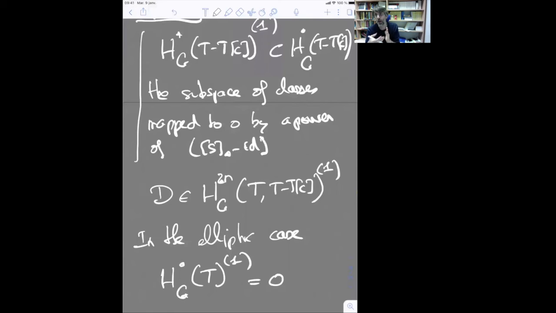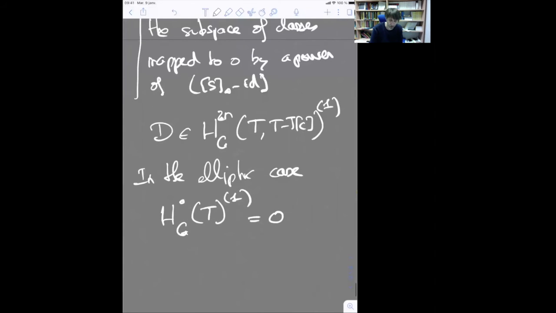So it cannot act by the eigenvalue 1. So there is nothing in this cohomology. So it kills the kernel in the long exact sequence.